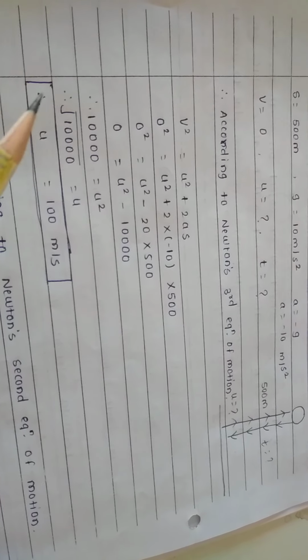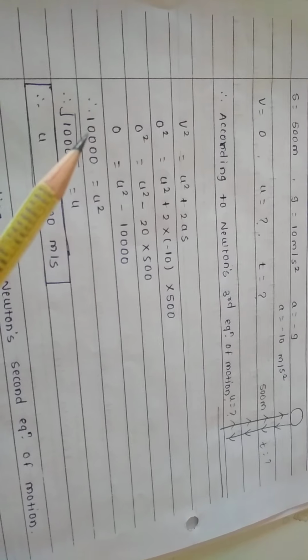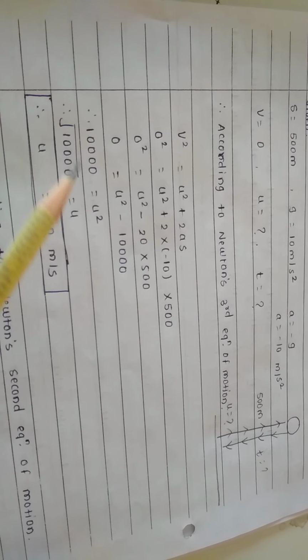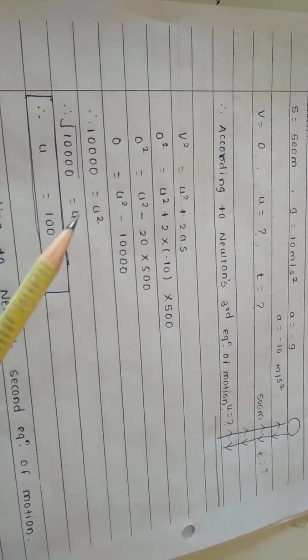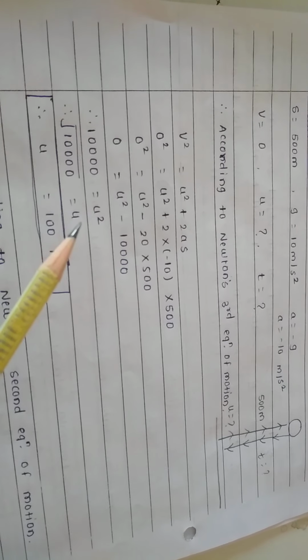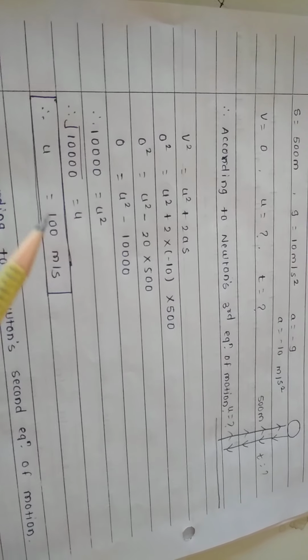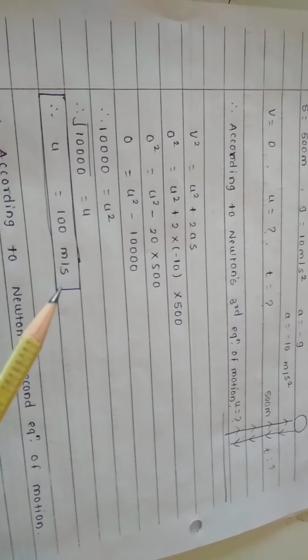Therefore, this 10,000 goes on the left hand side, so it becomes positive. 10,000 is equal to u square. If we take the square root of 10,000, u is equal to the square root of 10,000, which is 100. So the initial velocity is 100 meter per second.